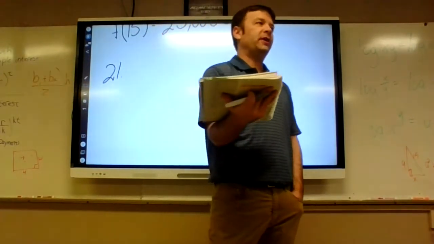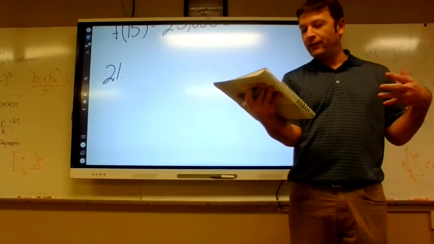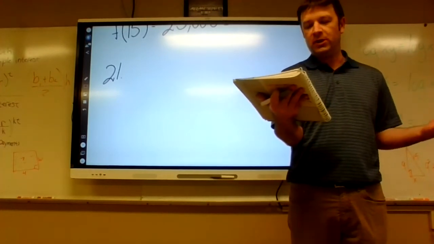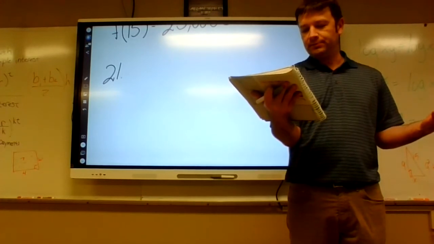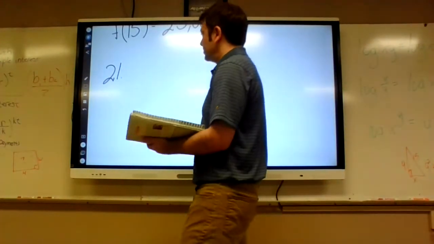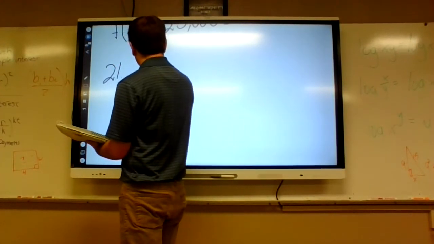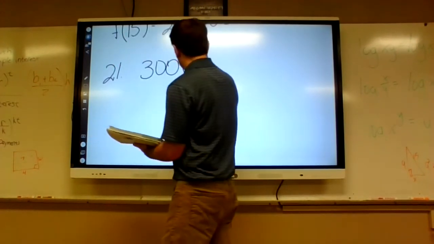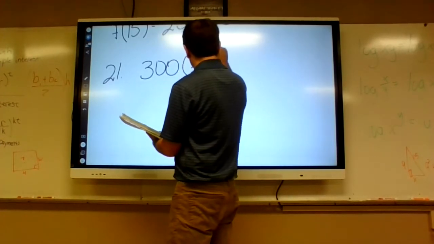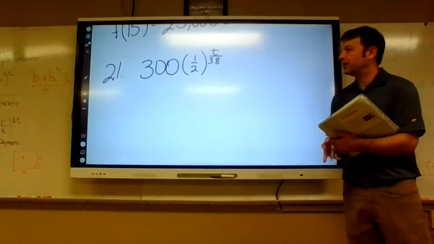So the theory on half-life is, if the half-life is 3.8 days, after 3.8 days you're only supposed to have half as much of the radioactive material. Anyways, 300 is the initial amount. And then you always multiply it by a half because it's going to go down by half. And then you do the time divided by whatever the half-life is, 3.8 in this case.